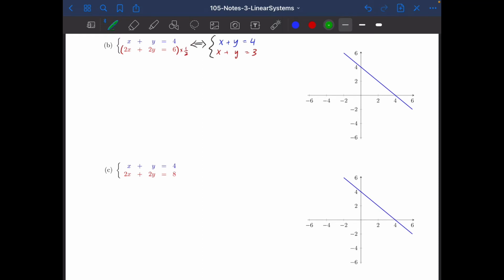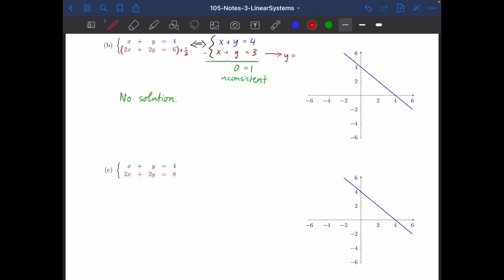Now if we subtract the second equation from the first in this new equivalent system, we obtain that 0 is equal to 1. Clearly, this is inconsistent. And so the system of linear equations actually has no solution. Let's now graph the red line. x plus y equals 3.